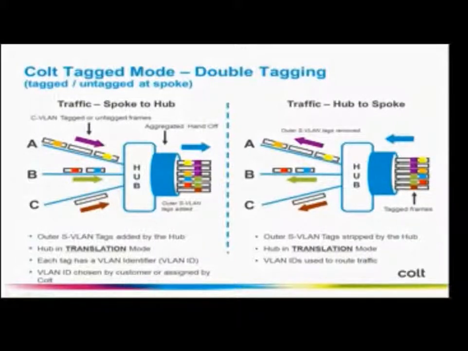If a spoke sends, in addition to the marking coming from Colt, which is marking that this is coming from this colored site, the customer is marking some other VLANs here, these yellow ones. We will bring that into the network and divide that into different VLANs on the customer side.